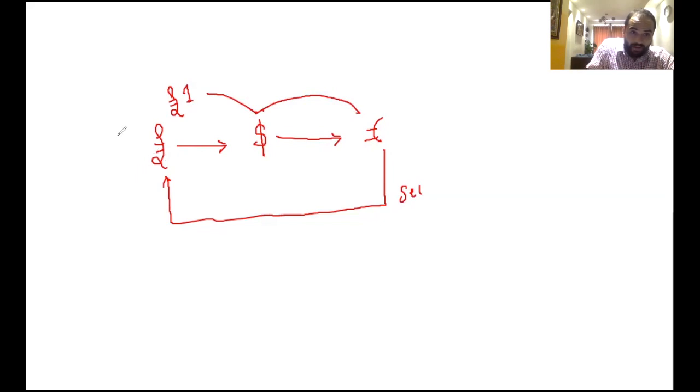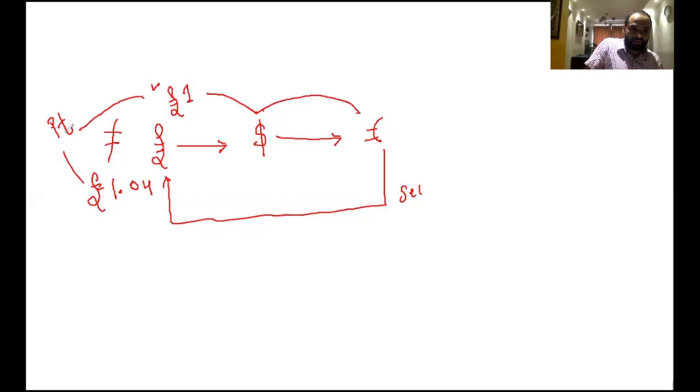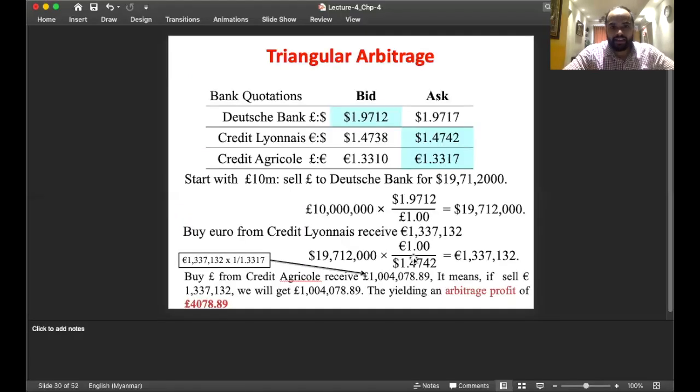This pound amount will not be equal to the position you started with, let's say, I don't know, 1.04, for example. The difference is the profit. That is exactly what we are doing in the slide.